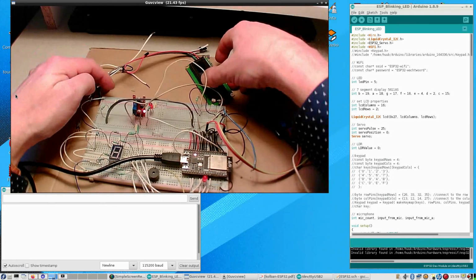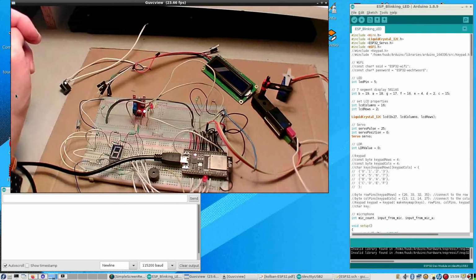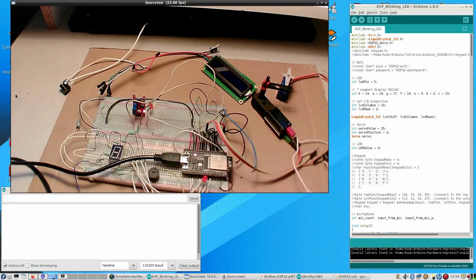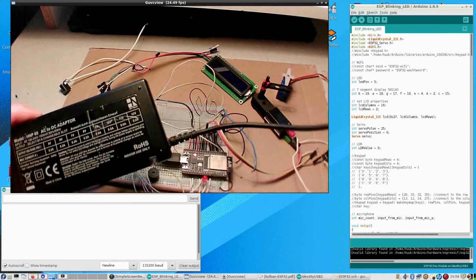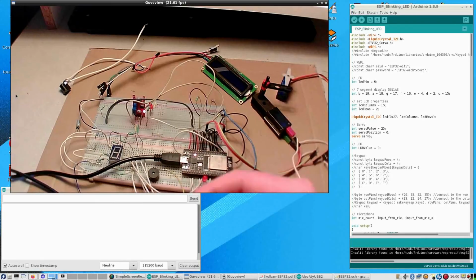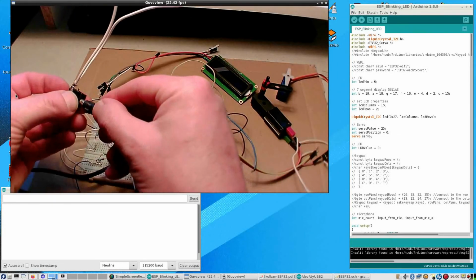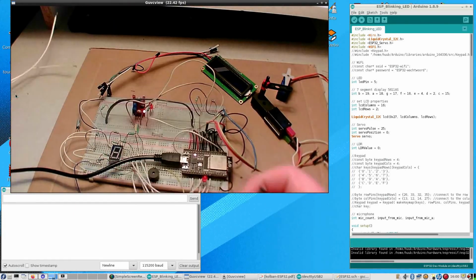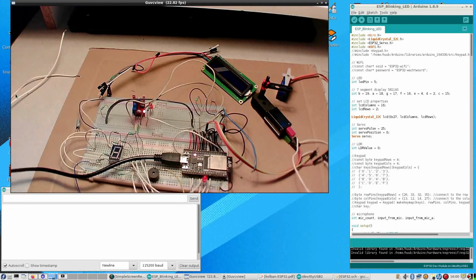I have disconnected the LCD. I have an AC to DC adapter, and this is working nicely if connected to the board. That means also disconnecting this one.